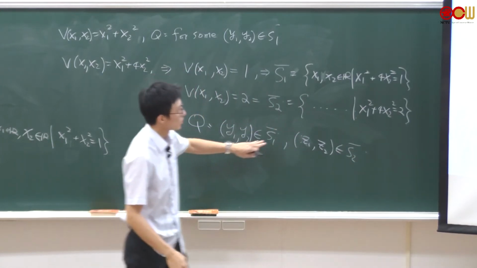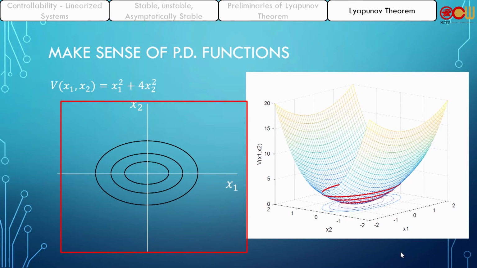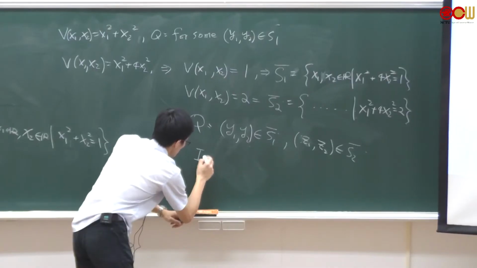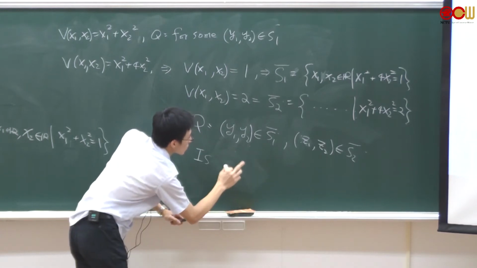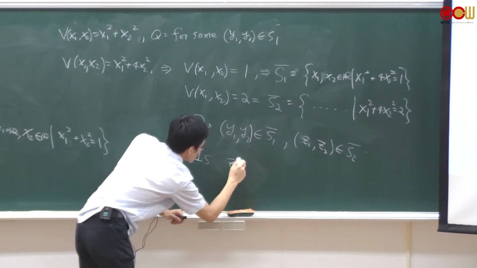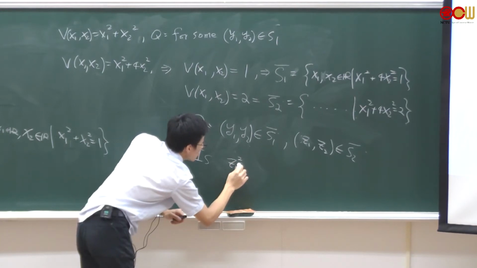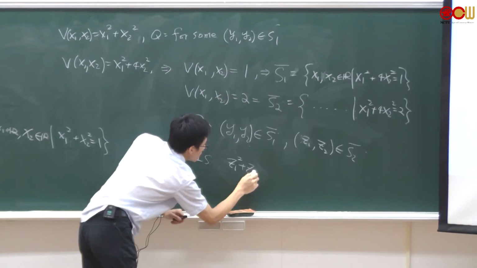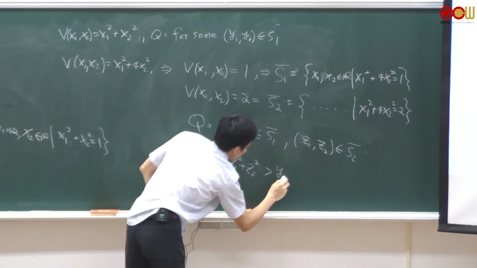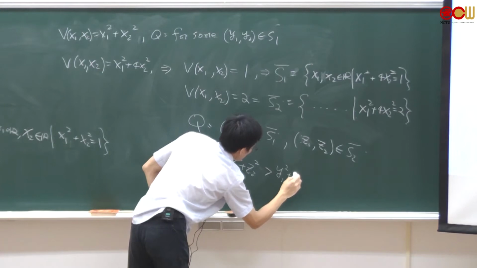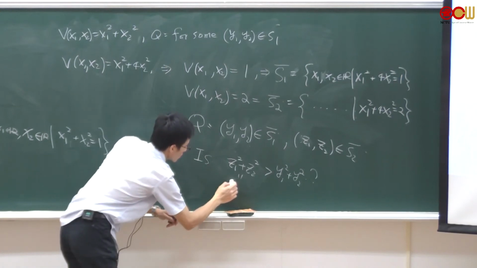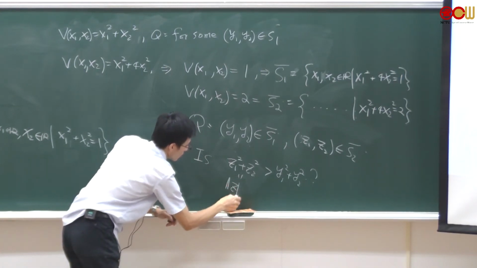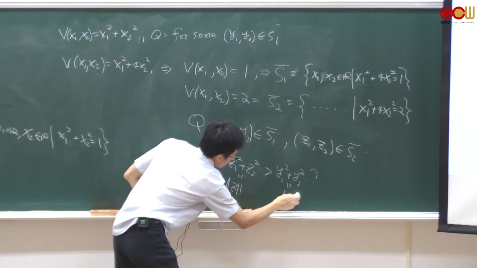Okay, y1, y2 is in this orbit. Okay, z1, z2 is any point in this orbit, in this set. Question is, is the norm of y greater than y1 squared? Is this true? This is equal to the norm of z, this is equal to the norm of y.